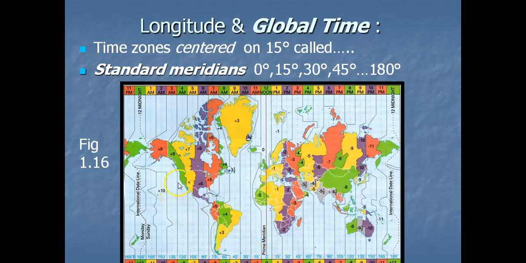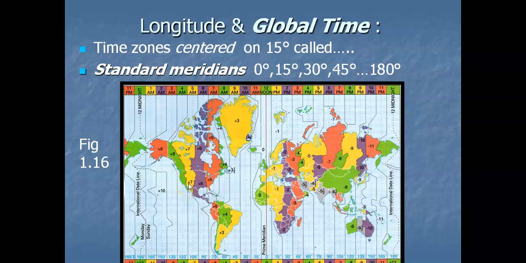Now you can see that there's a lot of offset in our lines of longitude. They're not all perfectly north and south on this flat map. The reason there's a lot of offset is due to political considerations. There are counties in the United States, and states, that want to have this county included in a single time zone.